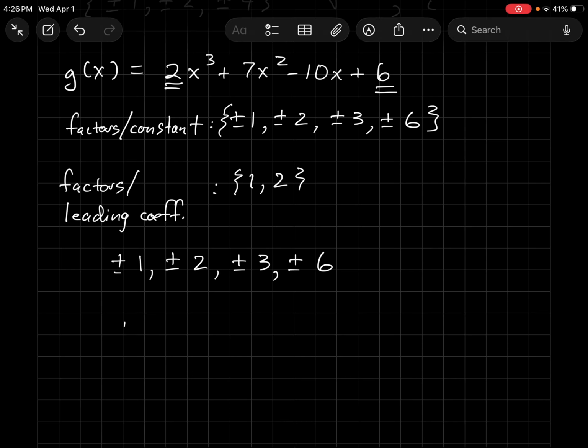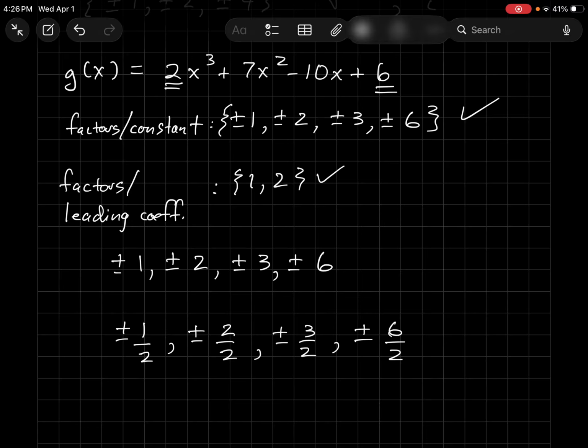But also all of those over 2. Plus or minus 1 over 2, plus or minus 2 over 2, plus or minus 3 over 2, plus or minus 6 over 2. So all of these divided by all of these individually or in turn.